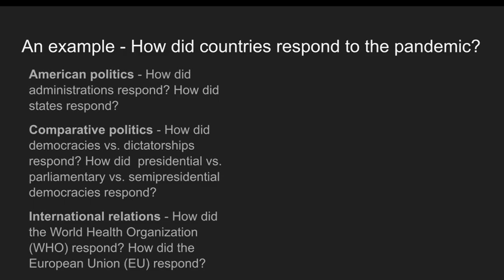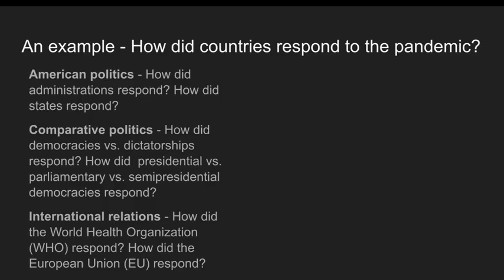Alternatively, we might compare different states. So what was Wisconsin's response in comparison to, say, Maryland's or Connecticut's or Colorado's? Or how did local governments respond? And maybe what we want to measure is how effective responses were, or mortality rates, for example.